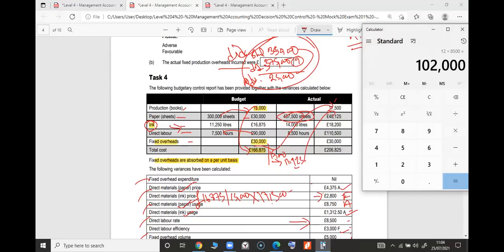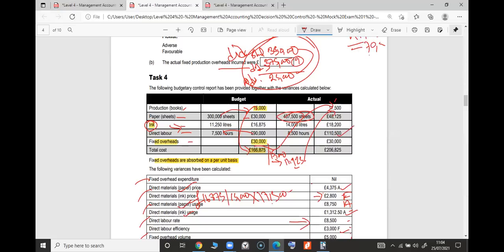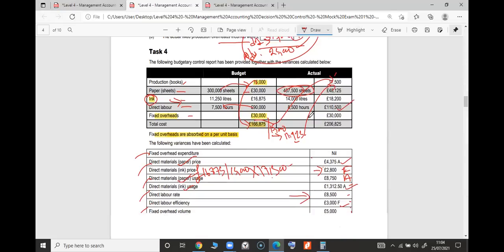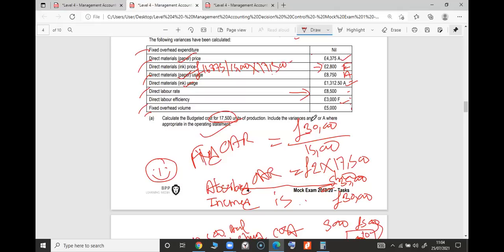How much should it cost? It did cost more, isn't it? Adverse. Thank you, Shiza. I hope everybody understood what I did. 1,500 is adverse. And fixed overhead volume, tell me, adverse or favorable? You have already done it here. It is favorable. Thank you, Ahmed.